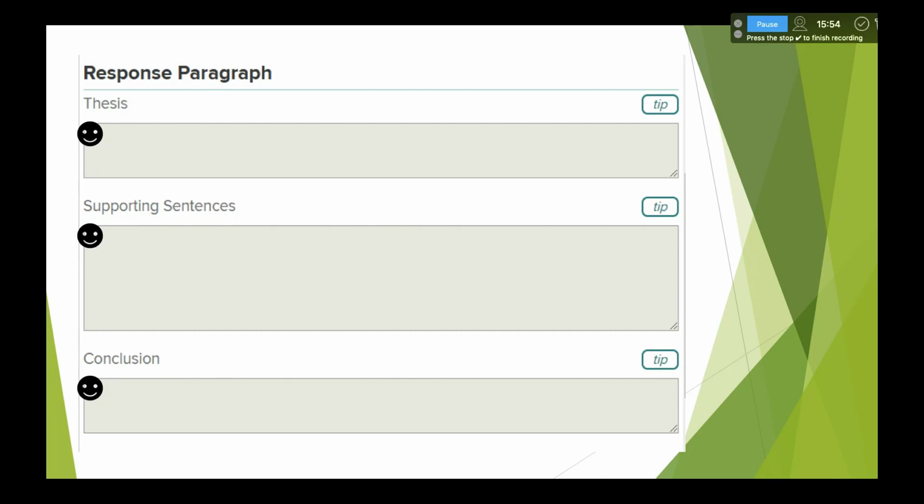And the thesis statement informs the topic sentence. So the thesis statement tells the reader what each body paragraph is going to be about.